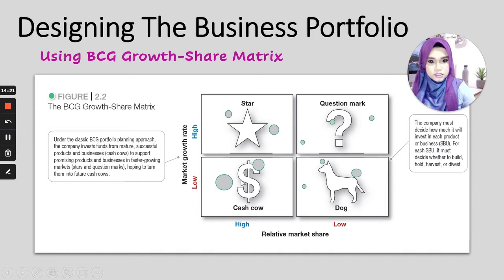Next is the cash cow. Cash cow is when you have a relatively high market share, meaning a lot of people buy from you as compared to competitors. So that one is very high, meaning many people buy and it is profitable now, but the market growth rate is low. That's why I say you are making a profit now, but when you talk about the future, in terms of the growth of your market, let's say you have 100 people buying, yes, you have a lot of people.